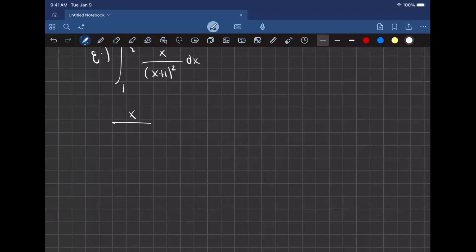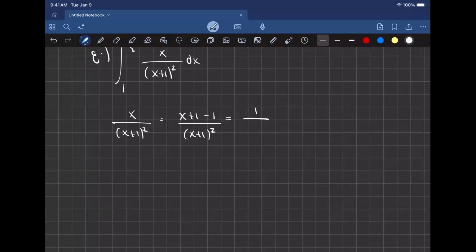I want to rewrite this as the following: x plus 1 minus 1 over x plus 1 squared. These two are equivalent because these ones go away and we're just left with this copy of x. But doing this allows us to split this up easier, or at least makes it more visible.